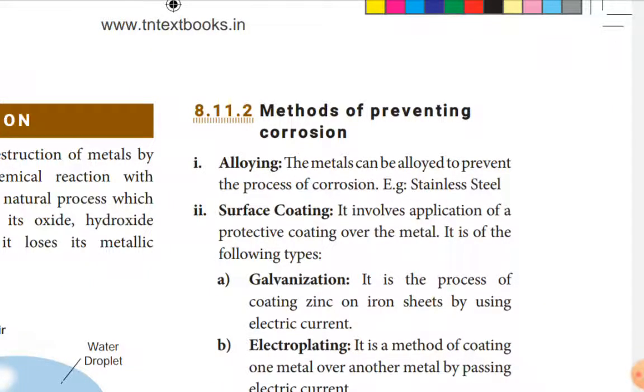Iron is alloyed with carbon, nickel, and also chromium. So iron, carbon, nickel, chromium are used in stainless steel. This type of alloying will not easily come into contact with oxygen to destroy the metal.